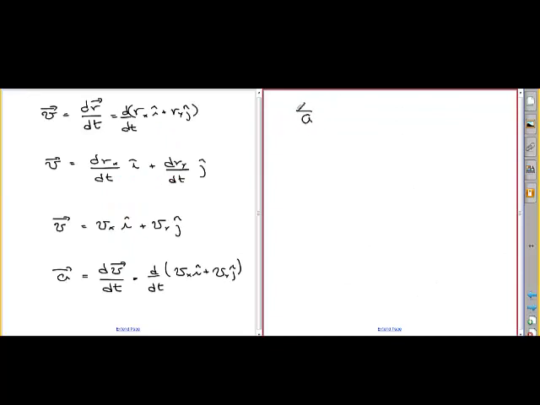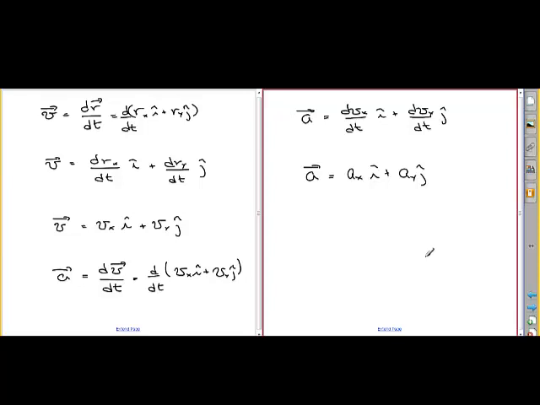That's what the principle of superposition basically says: the sum of the derivatives is the derivative of the sum. So we would get dv sub x dt times i plus dv sub y dt times j. And so the acceleration vector, you can have an a sub x times i plus a sub y times j.